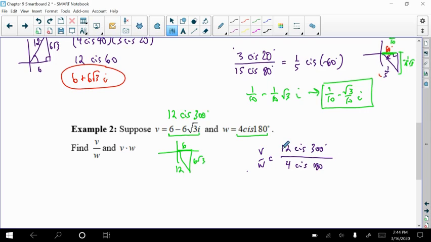So then I could divide 4 by 12, and I would get 1/3 cis, and then I subtract 300 minus 180, which is 120 degrees. Draw your 120-degree reference angle, sitting over here in quadrant 2, hypotenuse of 3.